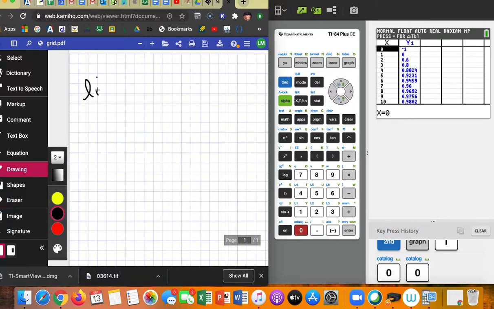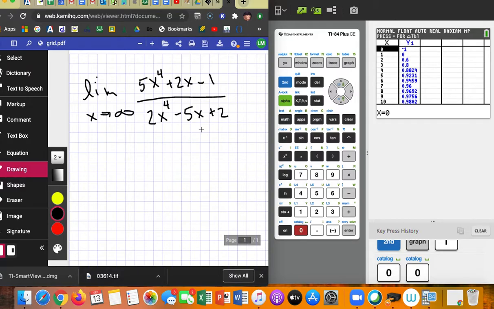Let's say I have the limit as x is approaching infinity of (5x to the 4th plus 2x minus 1) over (x to the 4th minus 5x plus 2). Yes, I could graph this, and I would always encourage you, if you're not certain, to graph it. But I also can figure this out analytically.